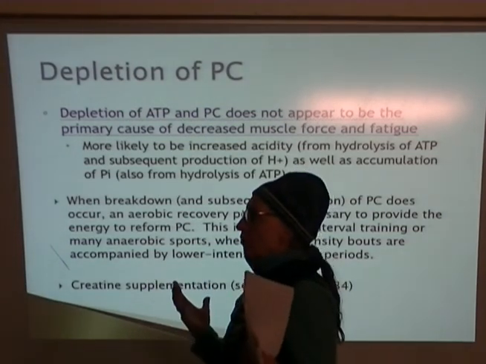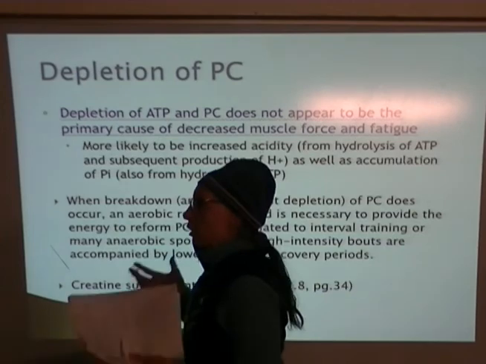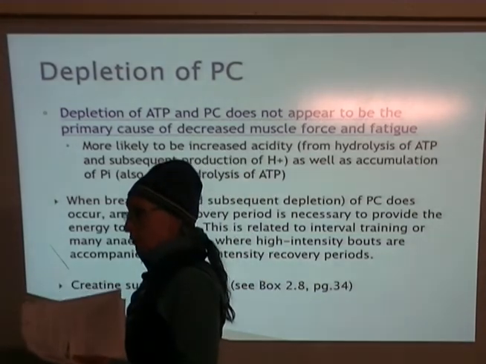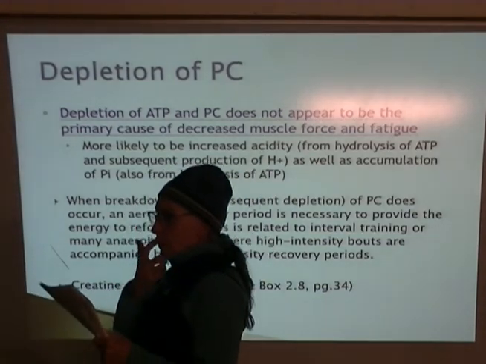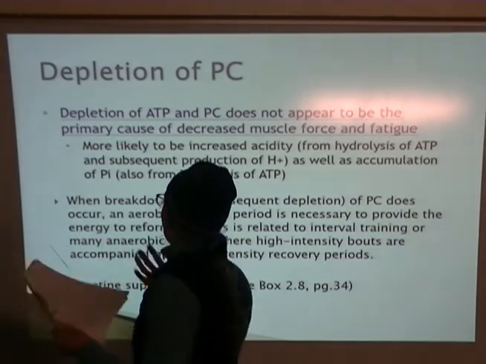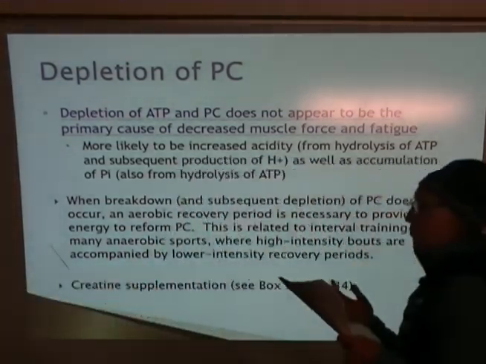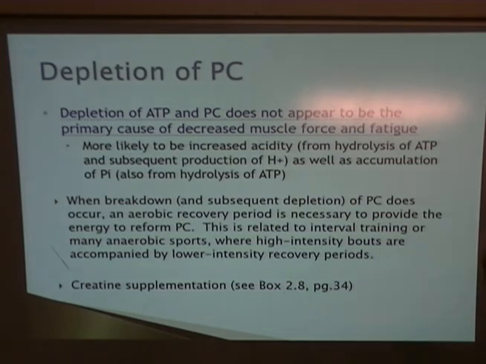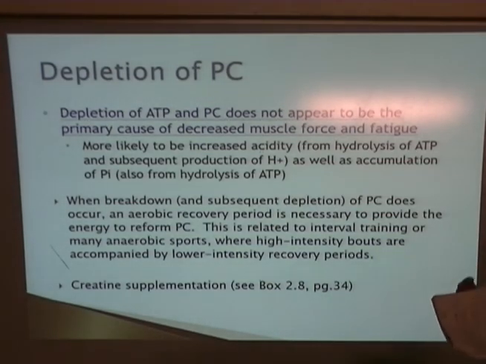It's got enough ATP and it's got enough phosphocreatine for another 4 seconds, right? So the timelines are different between the depletion of ATP and PC and a decrease in muscular force, which represents physiological fatigue. Okay?